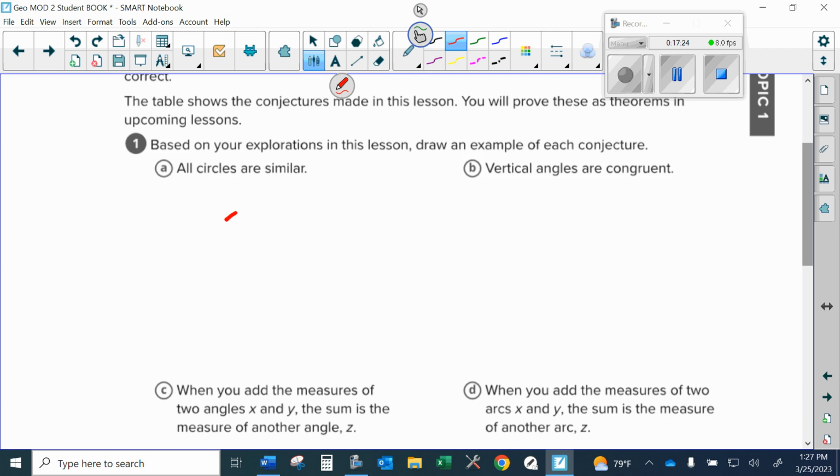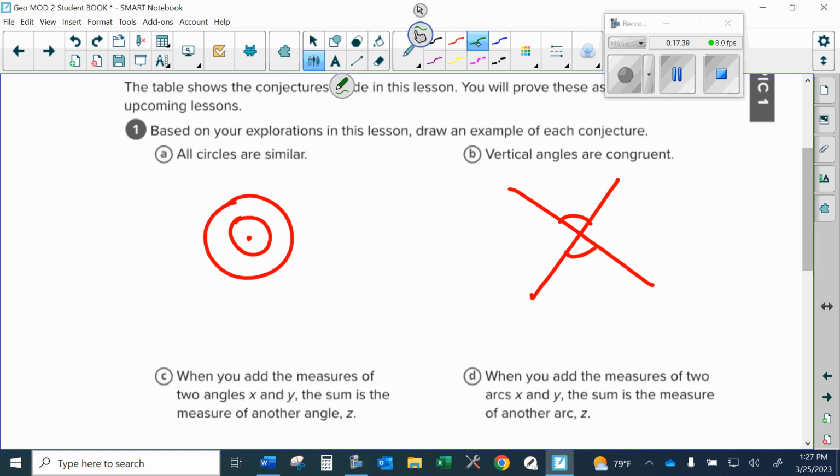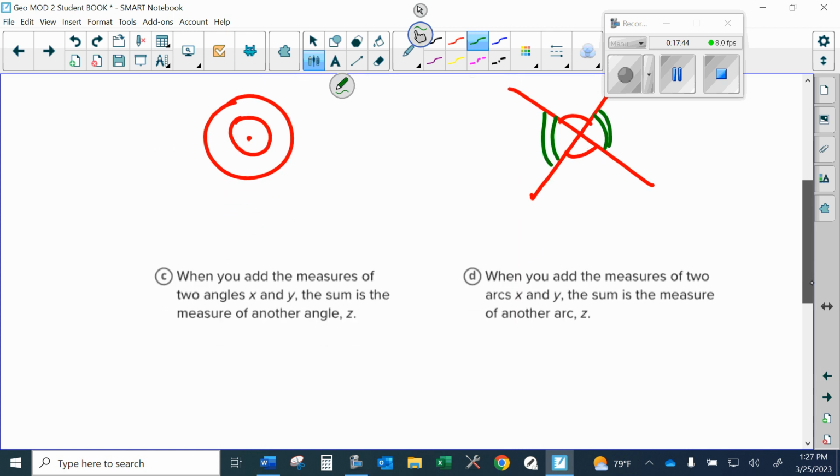Okay, all circles are similar. Center circle, here's another circle with the center right there. It's just dilated bigger. Vertical angles are congruent. Could have done that. Could have done this one. Remember, I used 2 because those angles are different degrees.